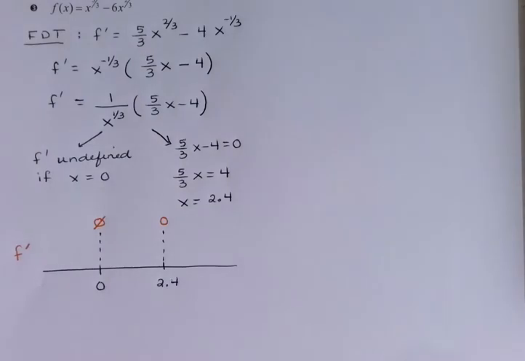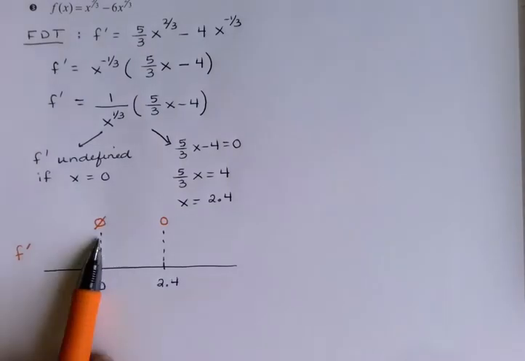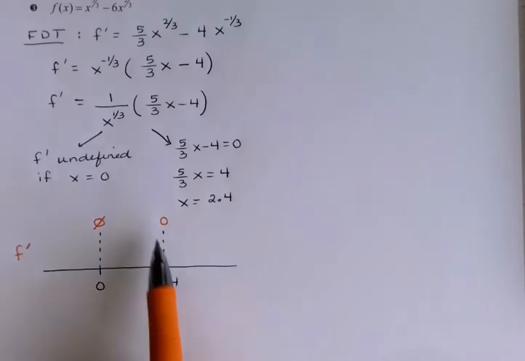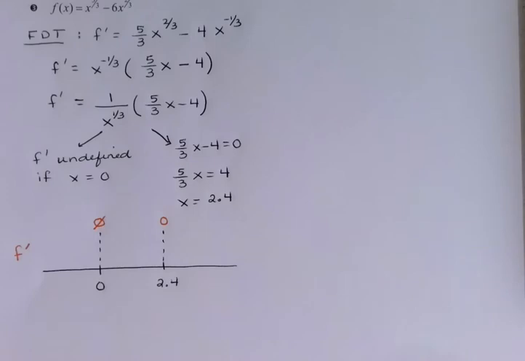This means different things for my graph, right? An undefined derivative is either a vertical tangent line or one of those sharp peaks where they're different from the left and the right. So I'm expecting something unusual to happen here at 0. Whereas at 2.4, I've just got the horizontal tangent line.